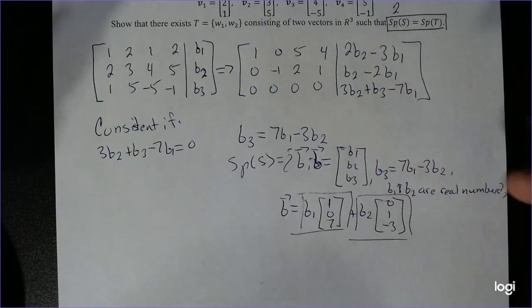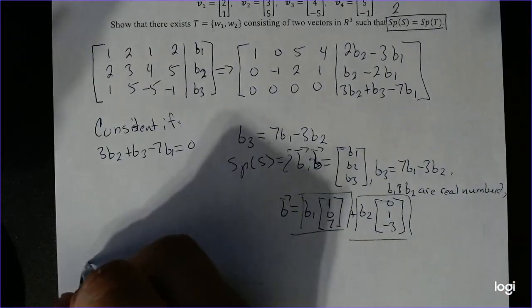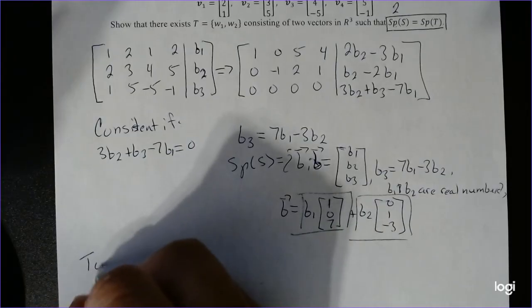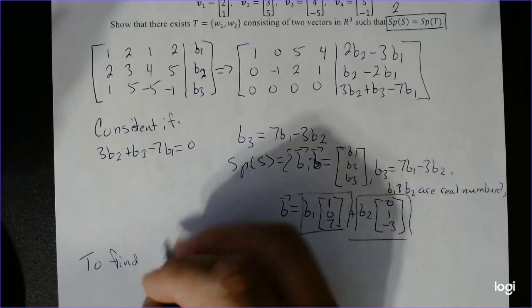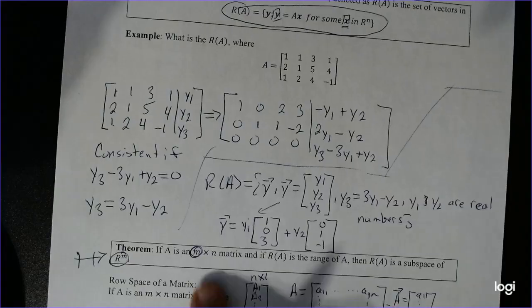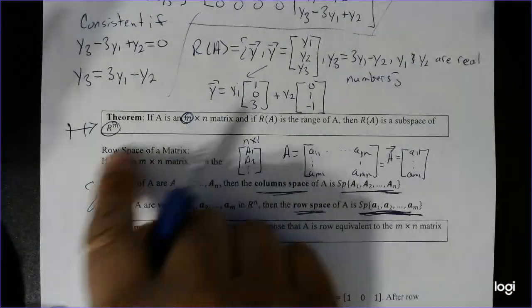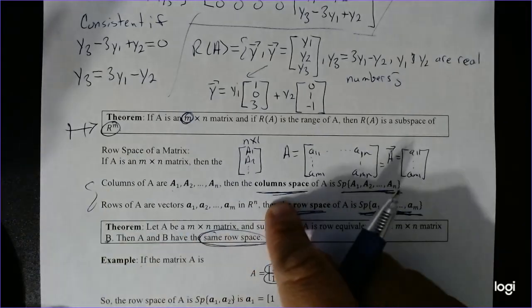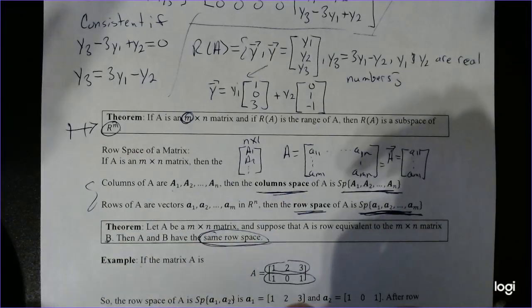All right, so to find T, we're going to use the last theorem. The last theorem stated this. Not this one, but this one here. Well, kind of this theorem, but this situation. Something called using the row space and the column space.